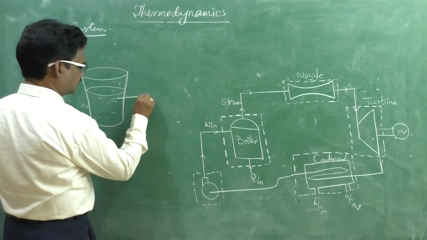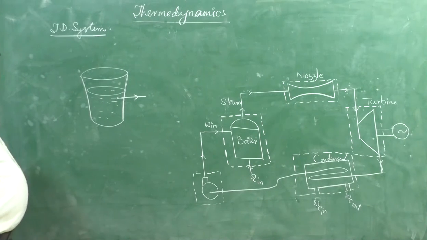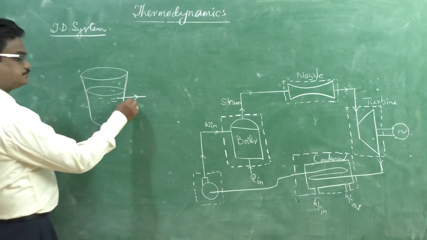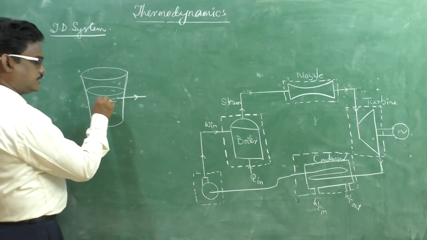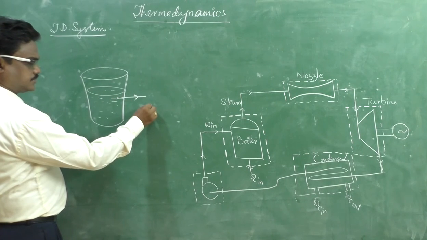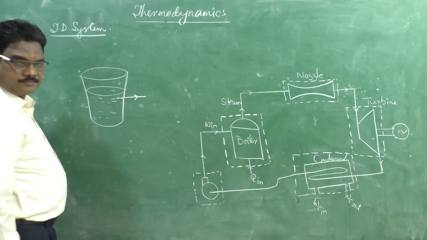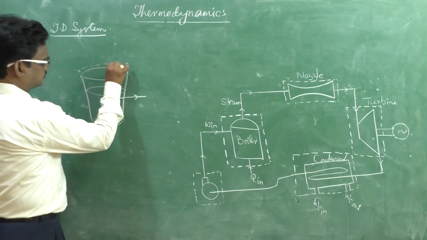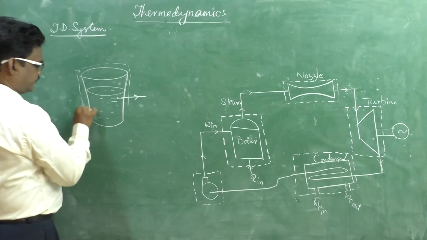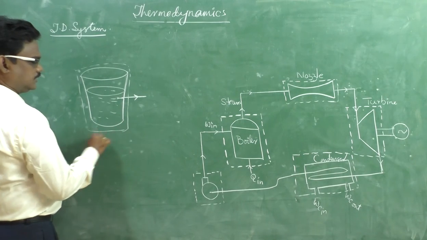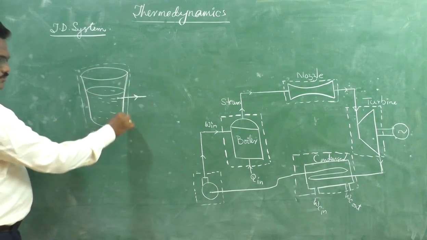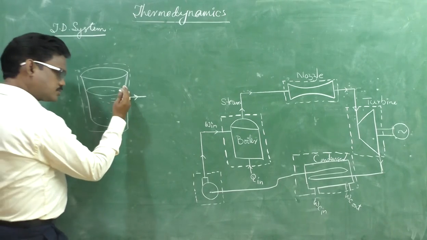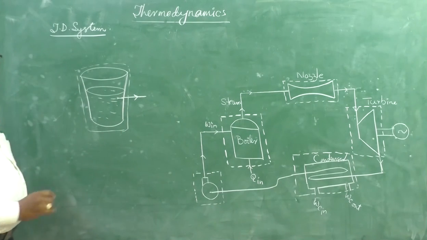After that, it will transfer to the outside environment. Now, the heat transfer occurs between this system and the surroundings across the boundary. Okay, this is the boundary of the glass system, and this is the system, and this is the boundary of the system, and outside the boundary, that is the surroundings.